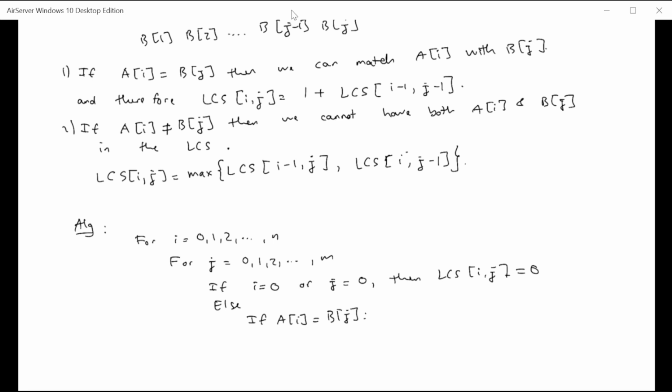That counts as 1 toward the length of the longest common subsequence. So LCS(I, J) would be 1, for the matching between AI and BJ, plus the LCS between A1 up to AI minus 1 and B1 up to BJ minus 1.